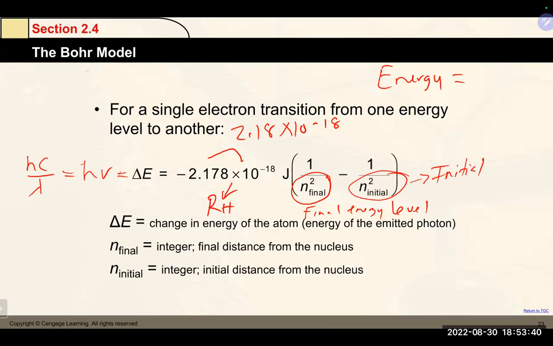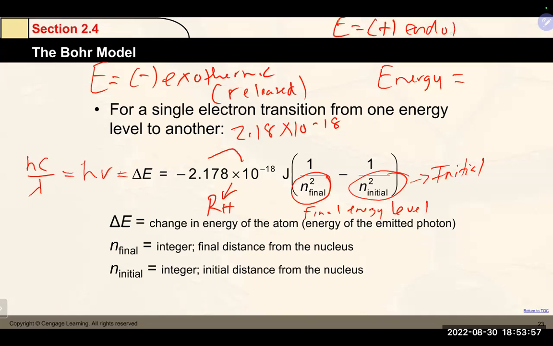If energy is a negative number, it is exothermic, which means energy is being released. If you calculate energy and it is a positive number, that is endothermic, and that means that energy is being absorbed.